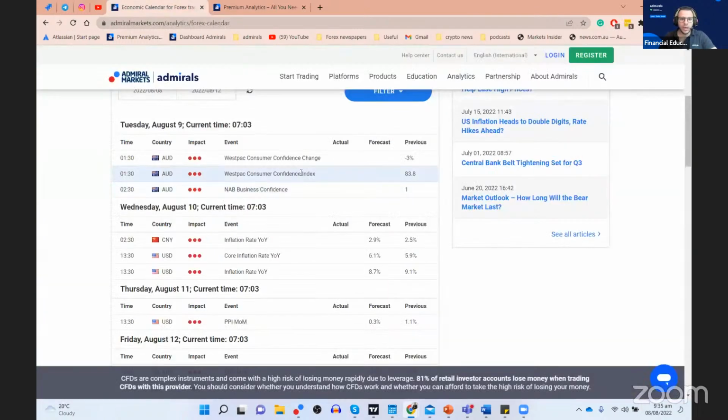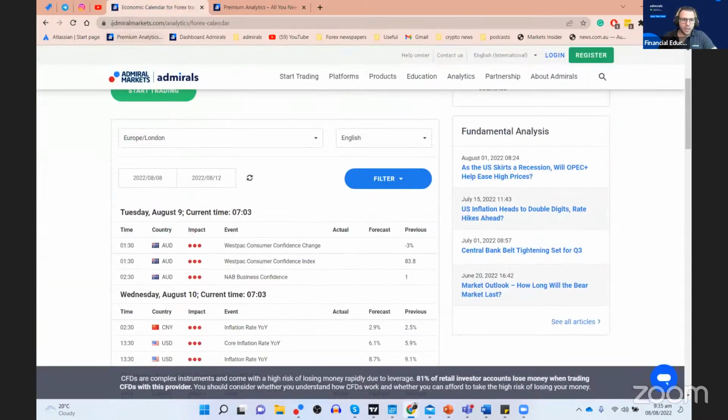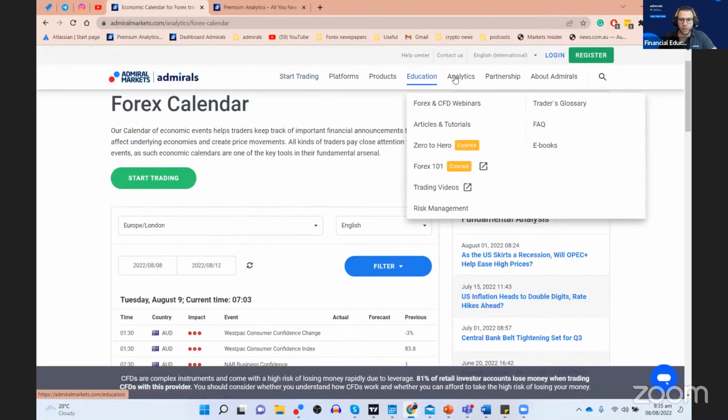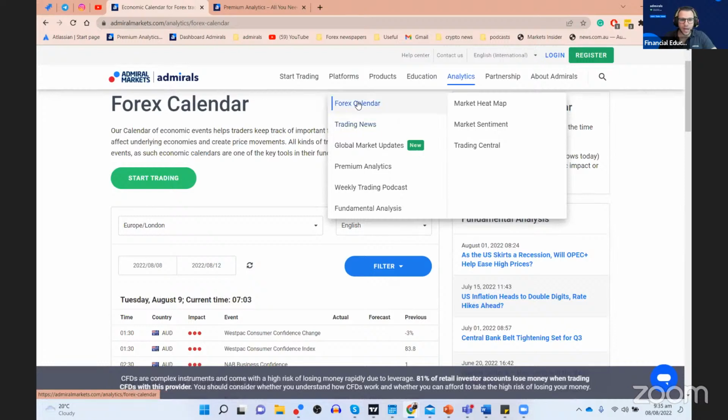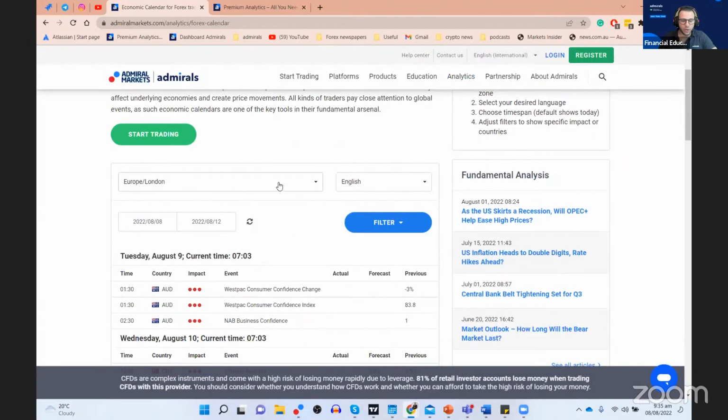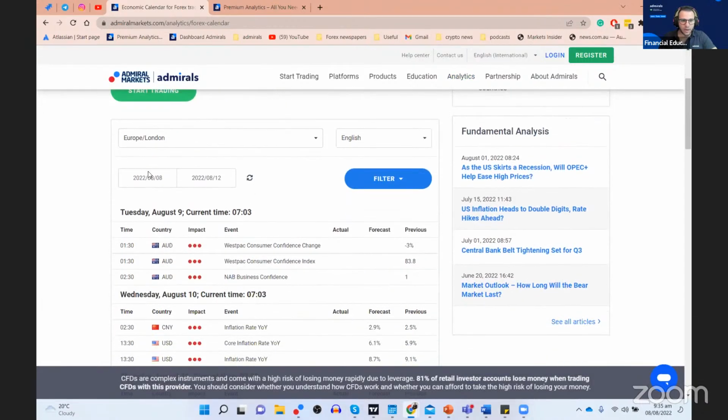So as usual, you can go to the Admirals website. You go here where it says analytics, Forex calendar. You're going to come up on this area. Then you can choose your time zone and the preferable dates you want to read the major news events.